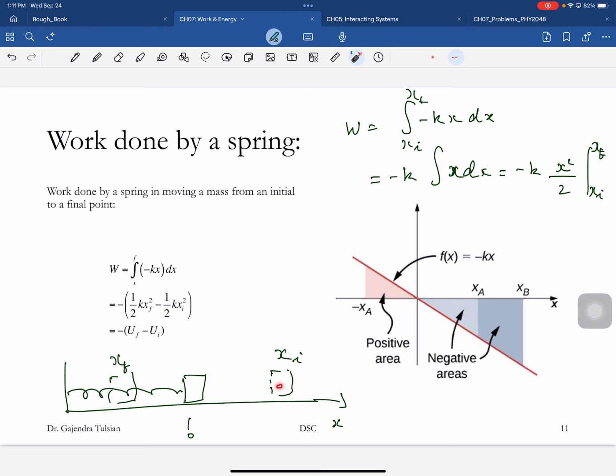Now, how did we get from here to there? Let's say we got from there to here like that. How much work was done? This much. Let's say we got from here to there. How much work was done? The same amount. We got from here to there like that. Same amount. The work done was independent of the path taken.